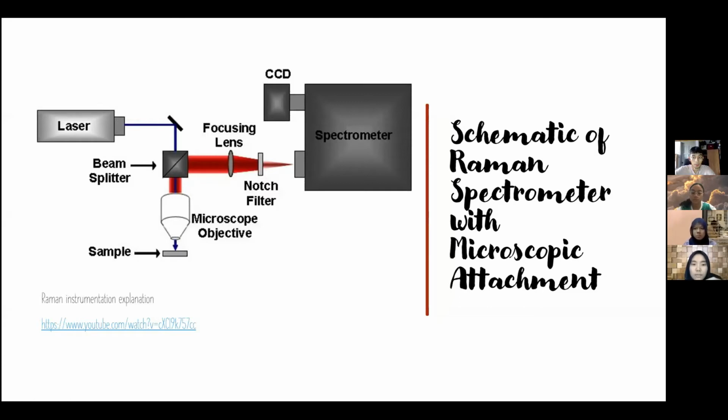Then the notch filter only allows a specific range of wavelengths to pass through it. Then the spectrometer measures the wavelength of the light, and the last one is the CCD, also known as the charge coupled device, which is used to convert the light into an electrical signal.